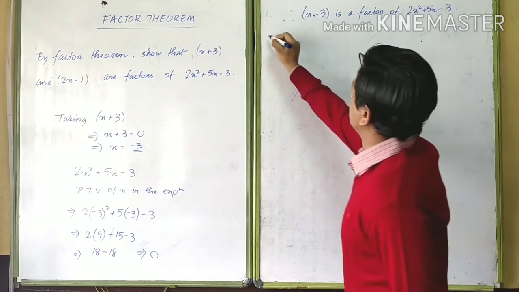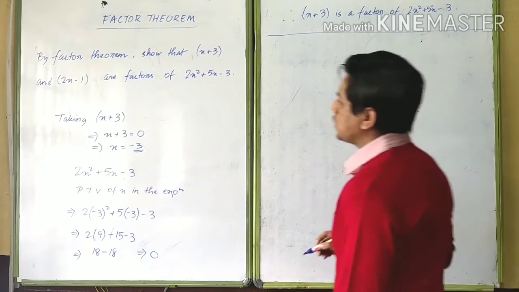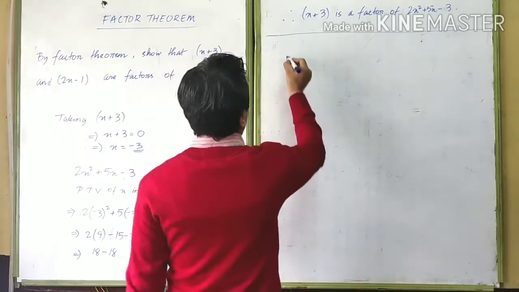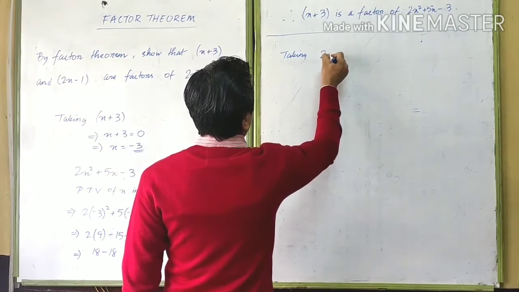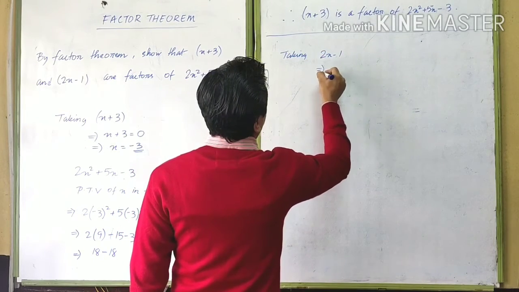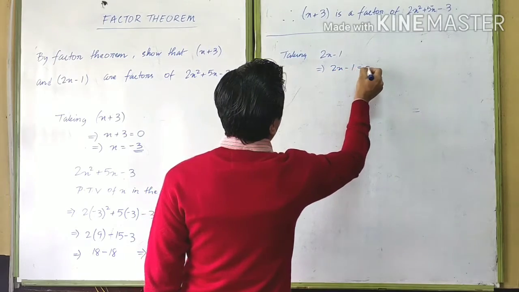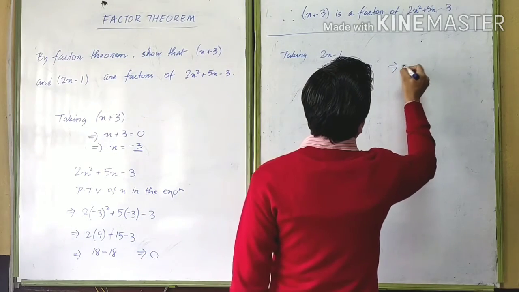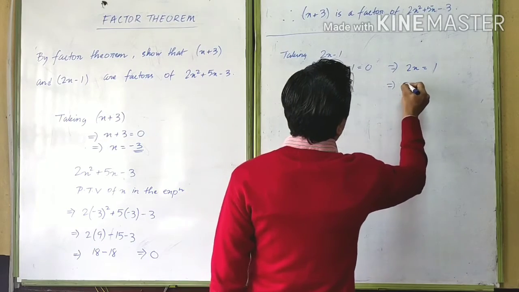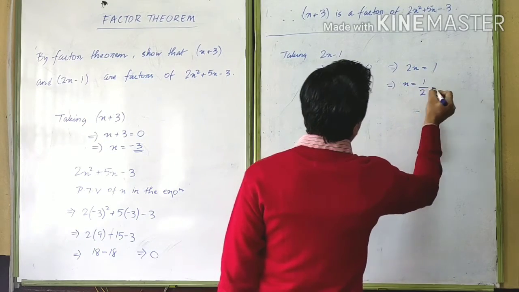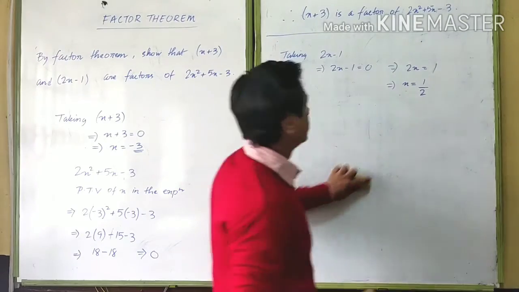Now we are going to take 2x minus 1. So 2x minus 1 equals to 0, or 2x equals to 1. x equals to 1 by 2. So this is my value.